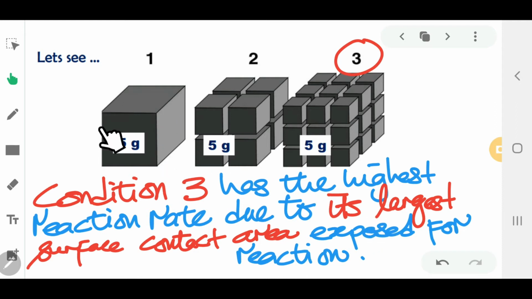When you make this 5 grams of particle into much smaller pieces, you are making the surface contact area that is exposed to reaction even bigger.